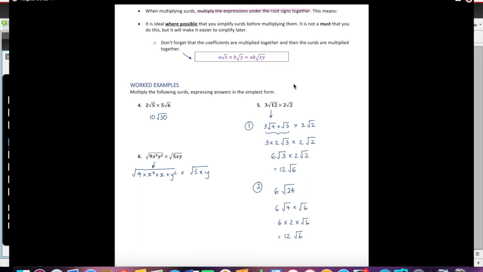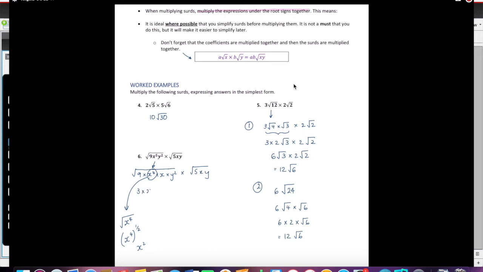So root 9 we know simplifies to 3. And then if we take a look at x to the power of 4, and if we did a square root to that, remember that's the same as saying x to the power of 4 raised to the power of a half. So in multiplying this out, I actually get left with x squared.